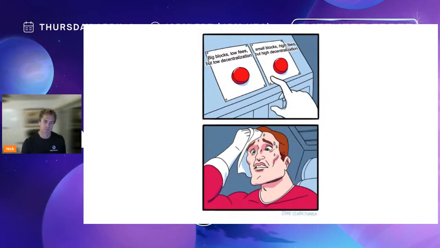So Bitcoin and Ethereum have been criticized for not scaling the block size, but that's because they want to preserve the verifiability and decentralization of their network, even if it comes at the cost of high fees. In a monolithic blockchain architecture, this is the fundamental trade-off you have to make.